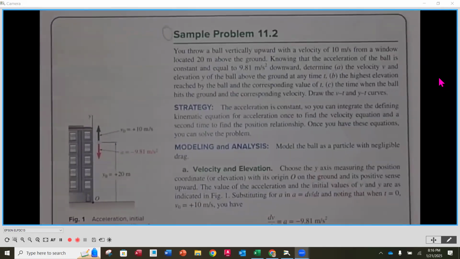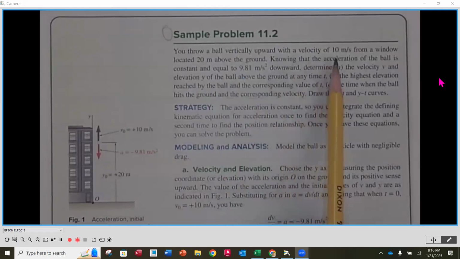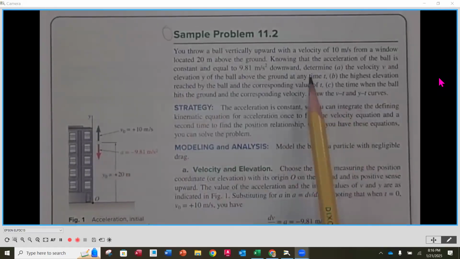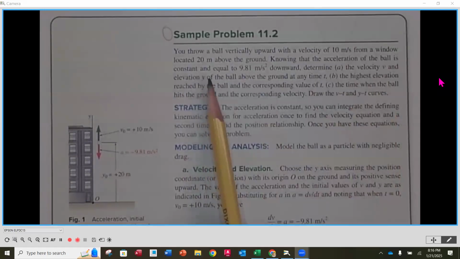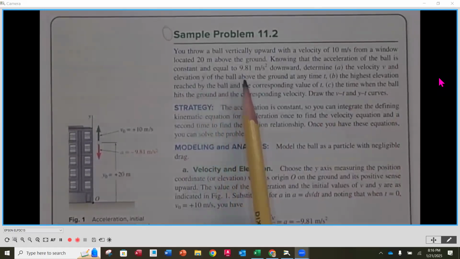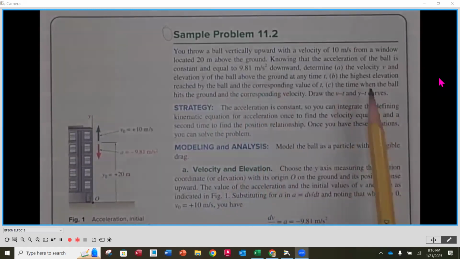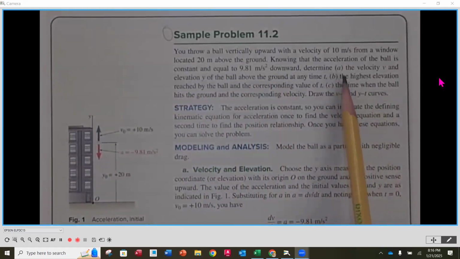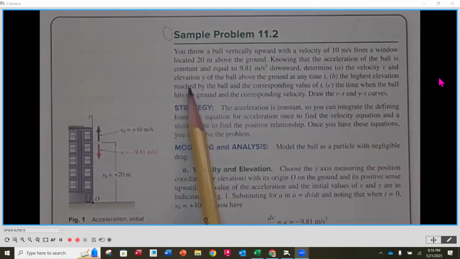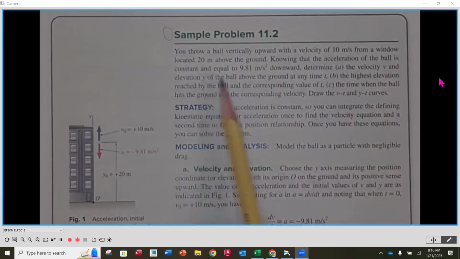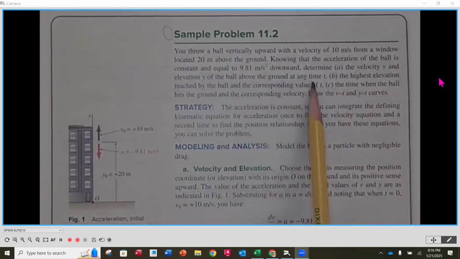There we go. It says you throw a ball vertically upward with a velocity of 10 meters per second from a window located 20 meters from the ground. Knowing that the acceleration of the ball is constant due to gravity and equal to 9.81 meters per second squared downward, determine A, the velocity v and the elevation y of the ball above the ground at any time.